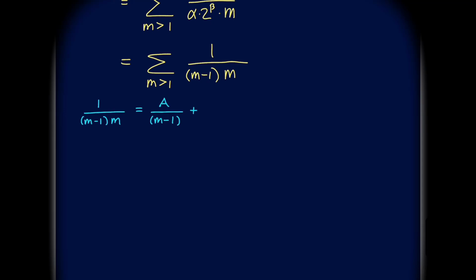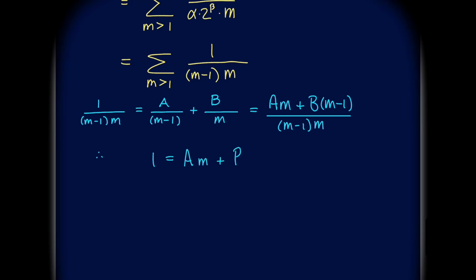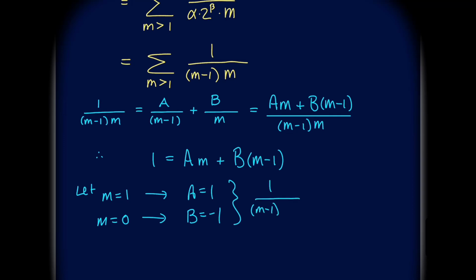Doing a little partial fraction decomposition, we can split 1 over m minus 1 times m into the sum of two simpler fractions that have each their own denominator, one with an m minus 1 and one with an m. And finding out the coefficients of those fractions, or the numerators of those fractions, I really should say, we get A equals 1 and B equals negative 1. So this expression can be written as 1 over m minus 1 minus 1 over m.